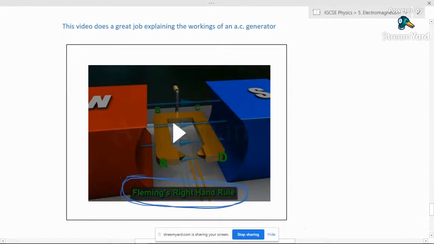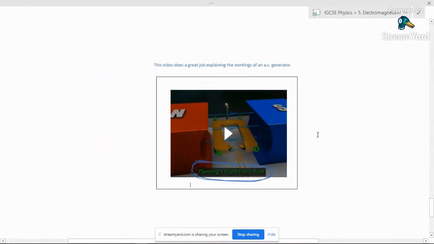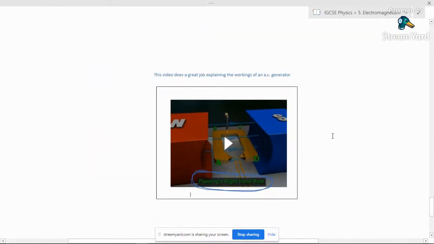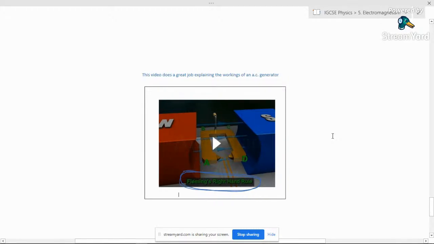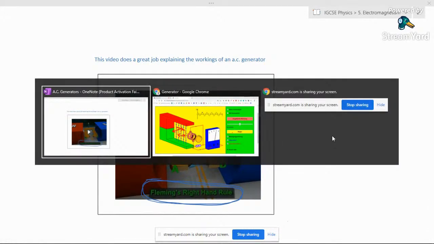So I would suggest you watch that video, look at what Fleming's right-hand rule is and how it works, but then understand that you can always just use the right-hand palm rule. It's much simpler. Trust me, you'll see. But watch this video because it's really well done and it explains very well how an AC generator works.